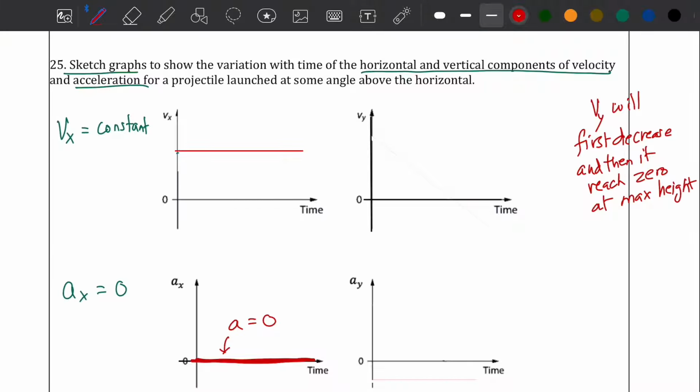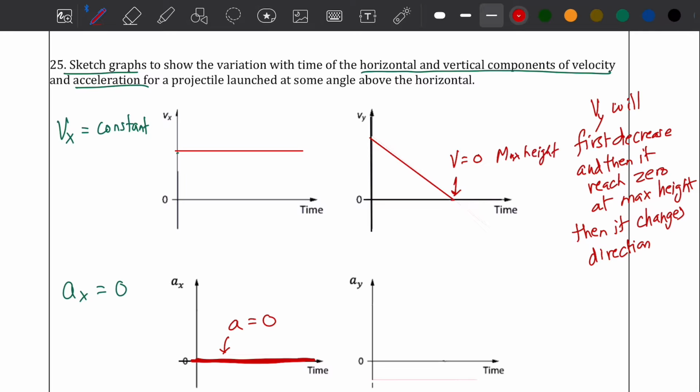Then what does it do? It changes direction. That means it will now start moving downwards. So Vy will first decrease. So we should have a line like this showing that velocity is decreasing. Then it reaches 0. This is going to happen at maximum height.